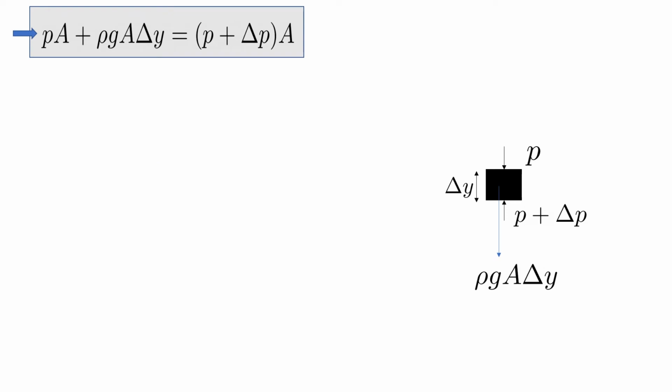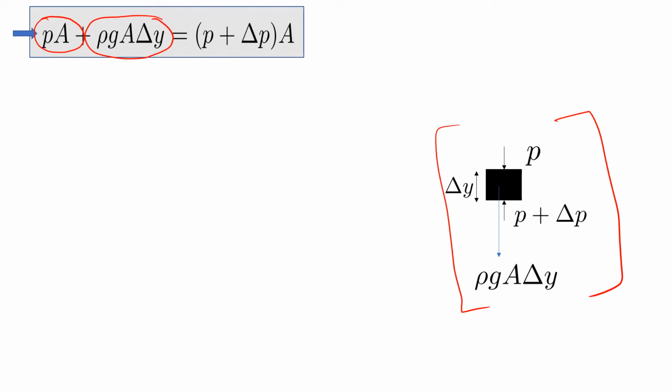So let us write the force balance equation for this fluid element. Since the fluid is at rest, all the forces will be balanced. That is P into A plus rho g A into delta Y is equal to P plus delta P into A. This is the pressure force acting downward, this is the weight of the fluid, and this is the pressure force acting upward. Okay.